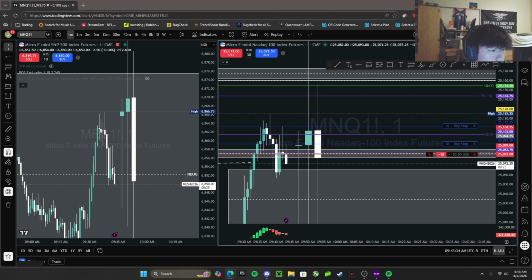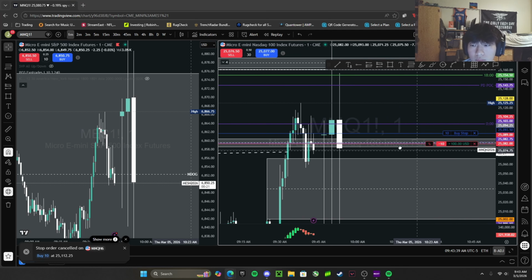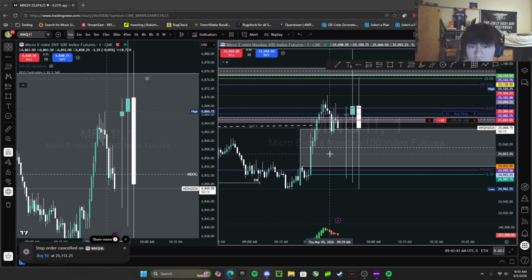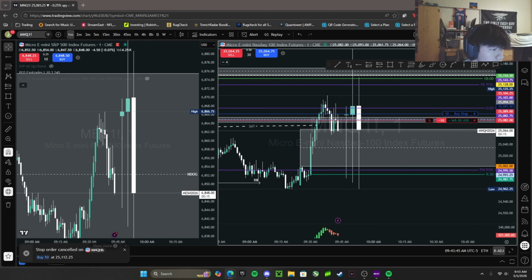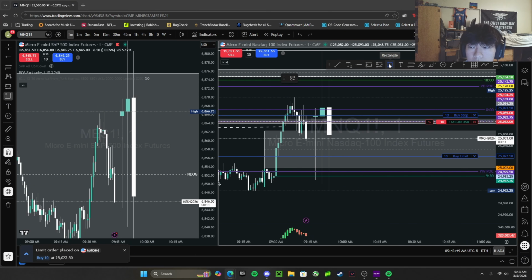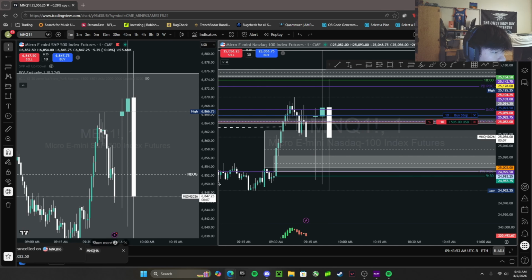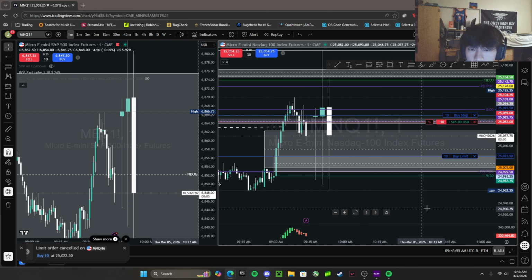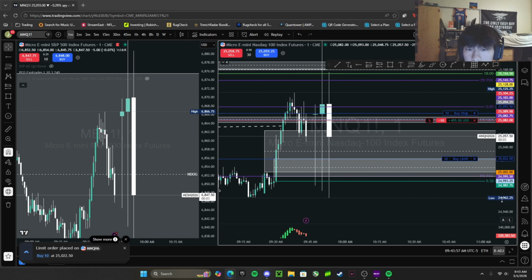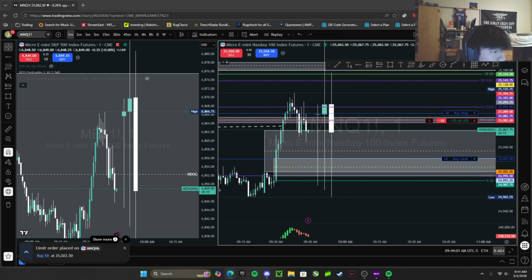There we go. Moving my stop down to the high of the candle, and targeting this 1 minute, the first presented fair value gap. Could even move it to break even after.